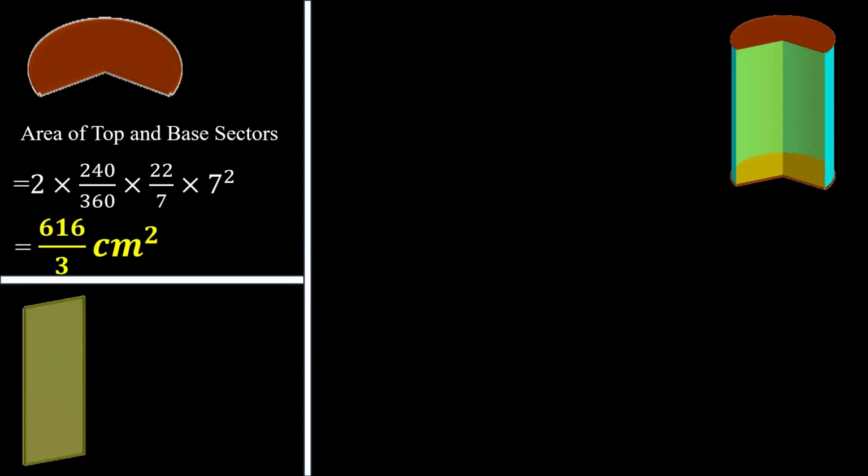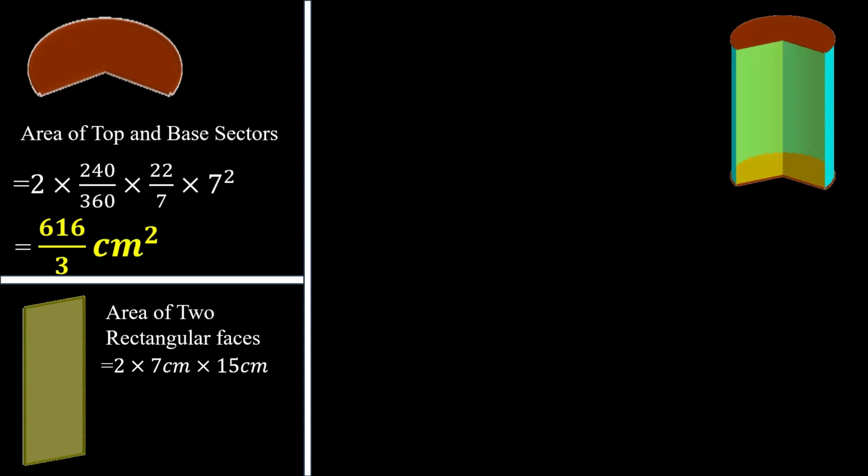Remember, we have two rectangular faces. So we are going to find out the area of one rectangular face, then we multiply by 2, we double it. That will give us the total area of the two rectangular faces. Area of the two rectangular faces will be 2 times 7 centimeters times 15 centimeters.